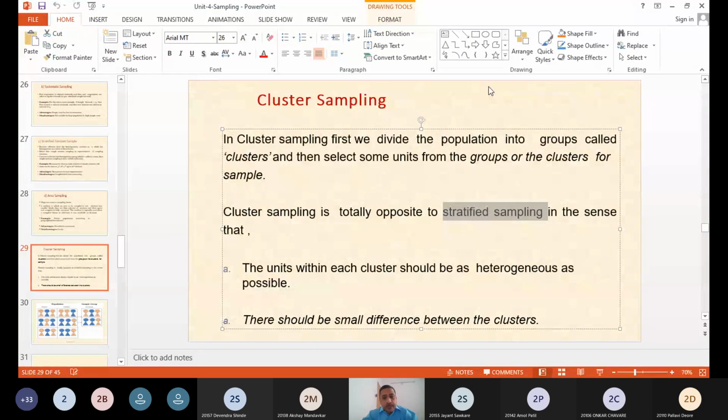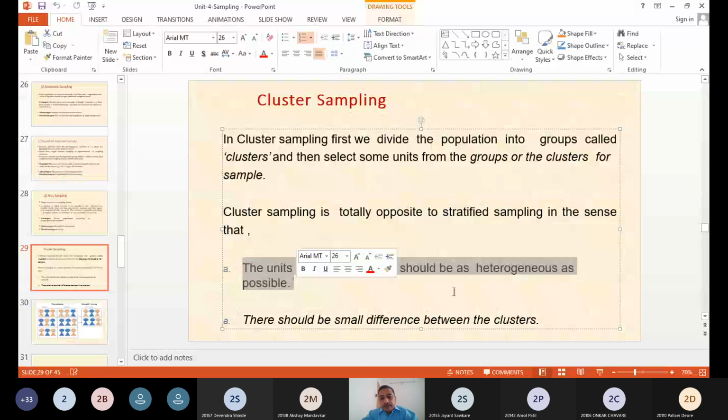We identify similar characteristics of individuals and prepare groups of these similar individuals. These groups are called strata, and then we choose a sample from these strata. However, cluster sampling is totally opposite to this. Why? Because the units within each cluster will be heterogeneous.